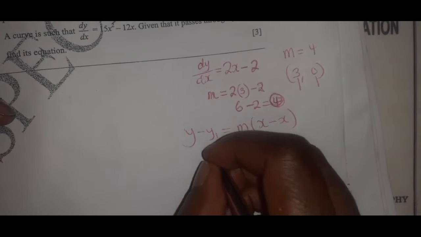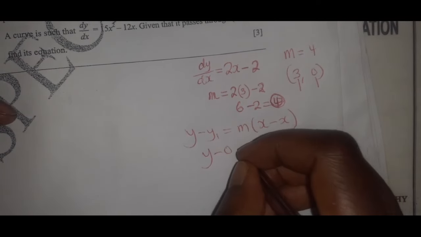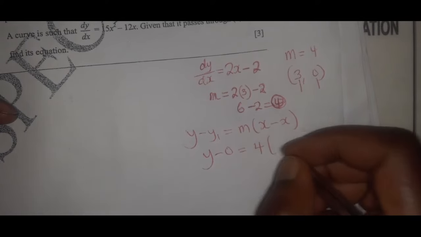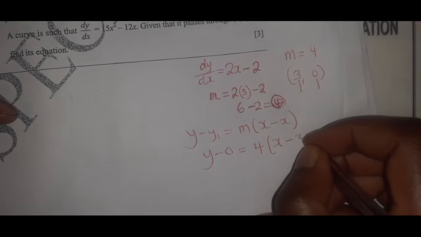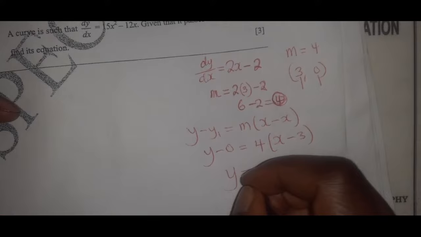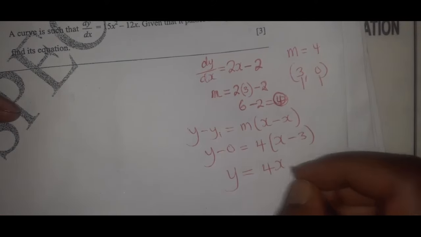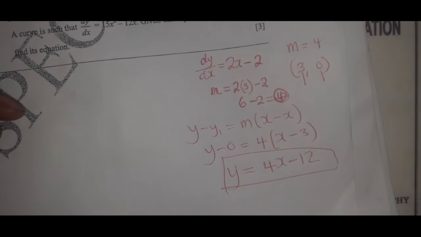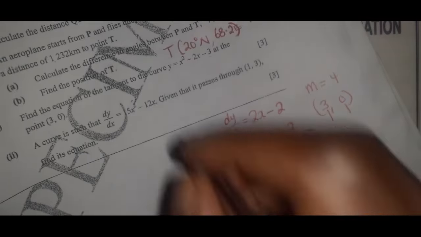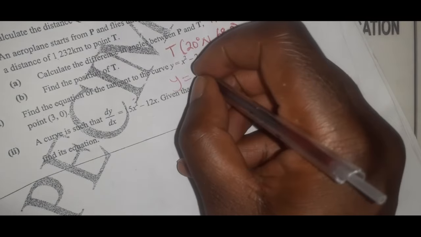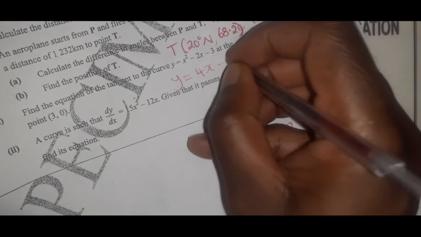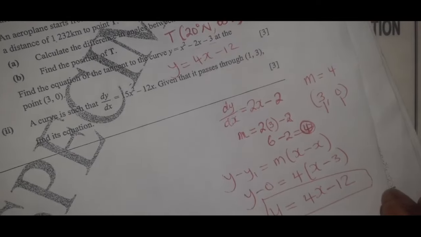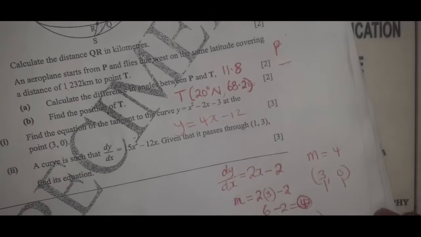So we have y minus 0 is equals to 4(x minus 3). Y is equals to 4x minus 12. Okay. So y is equals to 4x minus 12. That is what is going to be the equation.